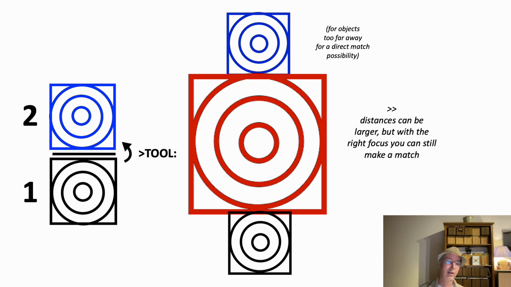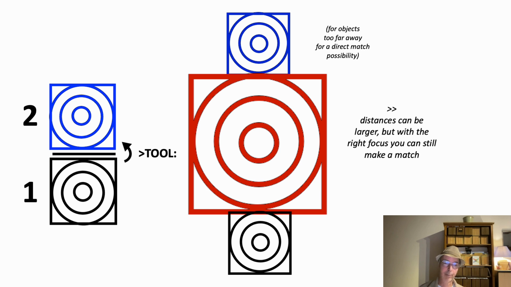This tool is a reaching goal to reach the others. So that way we can reach objects that are too far away for a direct match. The direct match will not be possible, but thanks to this tool, a larger distance can be bridged, and this is because of the extra focus that we have here, the tool of the focus.